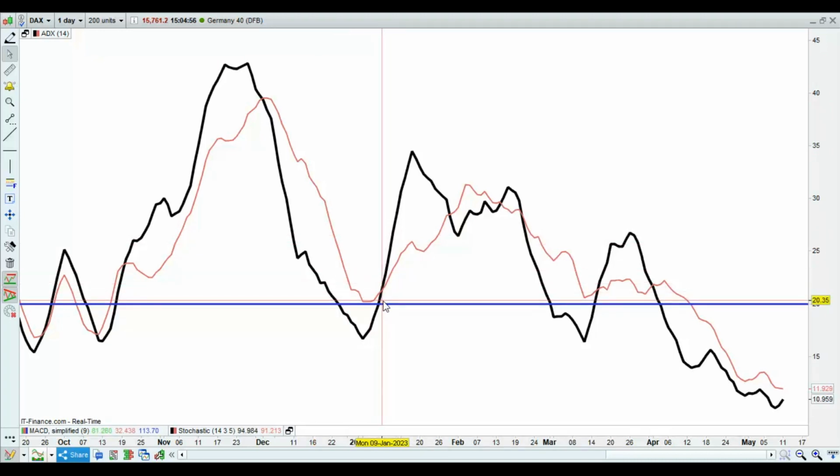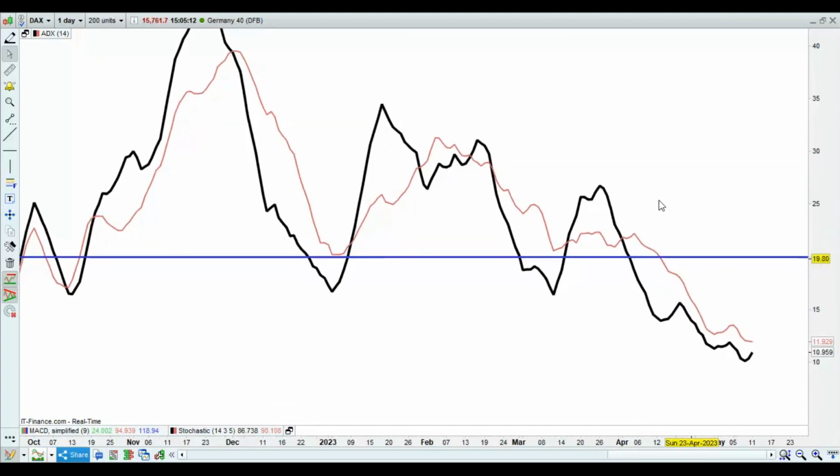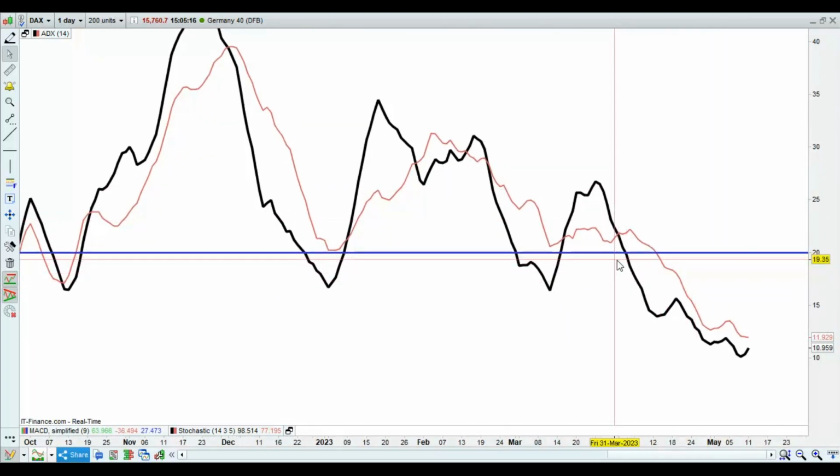And then in January you had another move which reflects the bullish period on DAX and Wall Street and the FTSE 100, and then since April the ADX has crossed down below 20. Okay, so you can see it's crossed below 20 now.